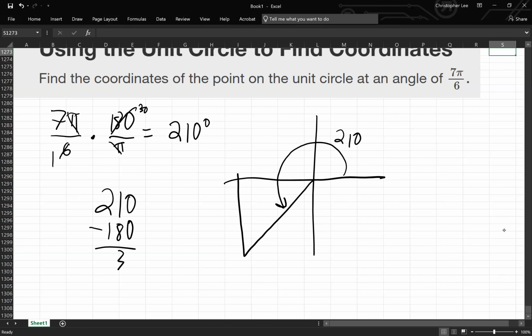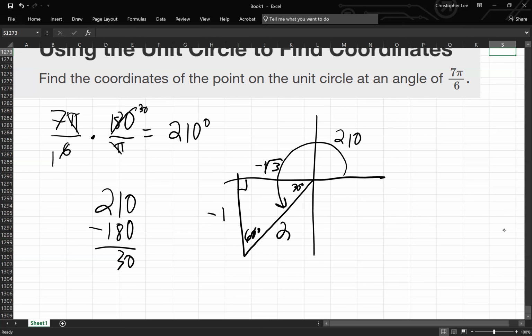And I get, what's that, 30? So this is 30 degrees here. If that's 30, that's 90. This is 60. Right? And then opposite the 30 is -1. Opposite the 60 is negative square root 3. And then 2.